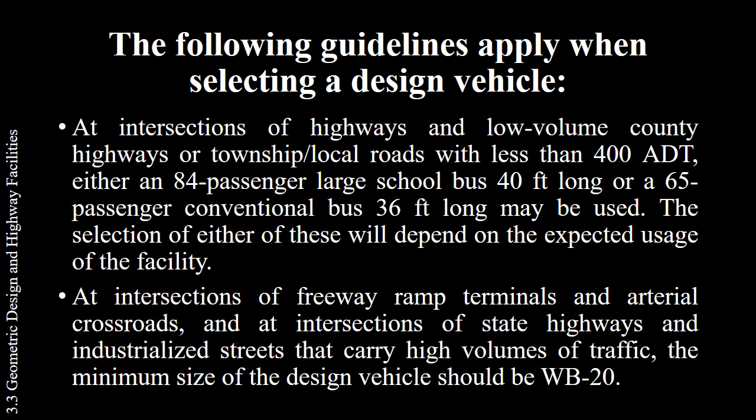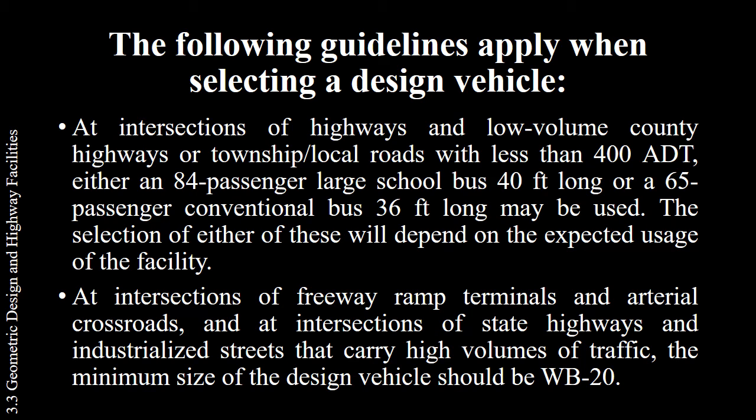The following guidelines apply when selecting a design vehicle. At intersections of highways and low-volume country highways of township local roads with less than 400 ADT, or average daily traffic, either an 84-passenger large school bus 40 feet long or a 65-passenger conventional bus 36 feet long may be used.